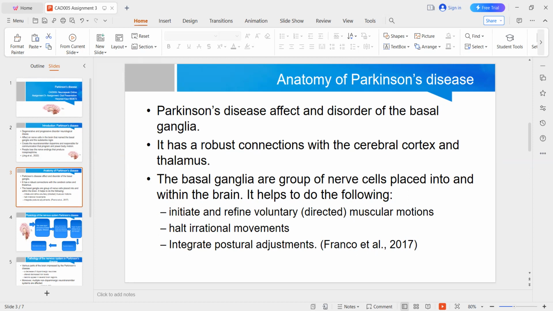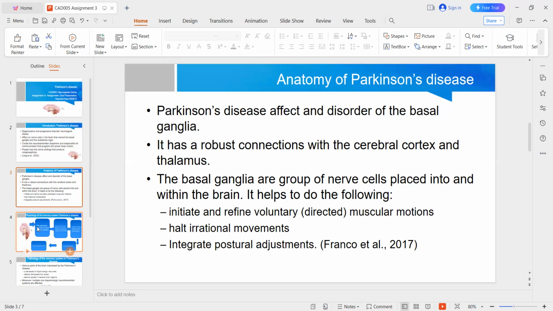They help to initiate and refine voluntary muscular motions, help with automatic movements, and integrate postural adjustments. This is the research done by Francois et al.